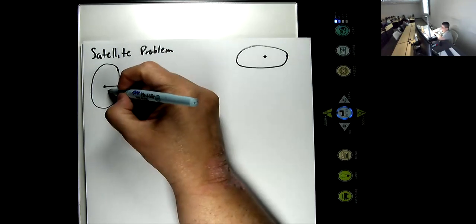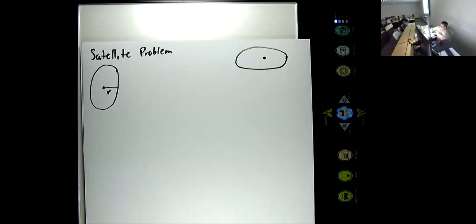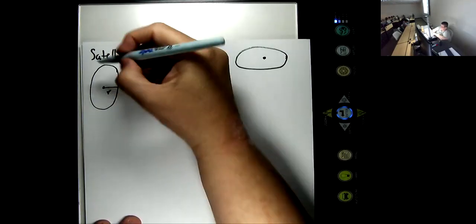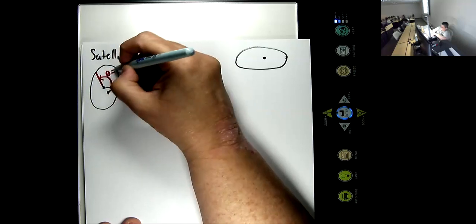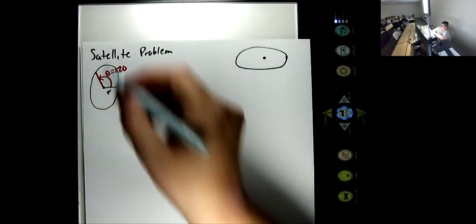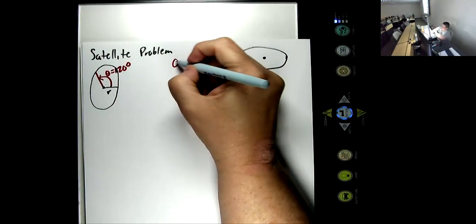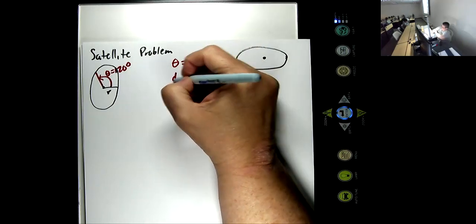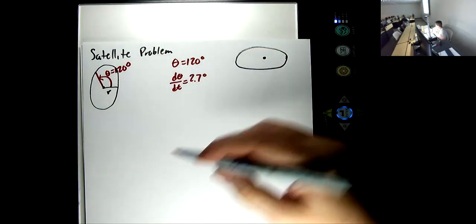So this would be R. And it says at the instant when theta is 120 degrees, it's swept out to there. Degrees. And it gives you d theta dt is 2.7 degrees per minute.